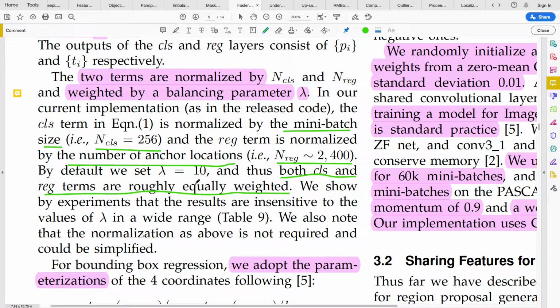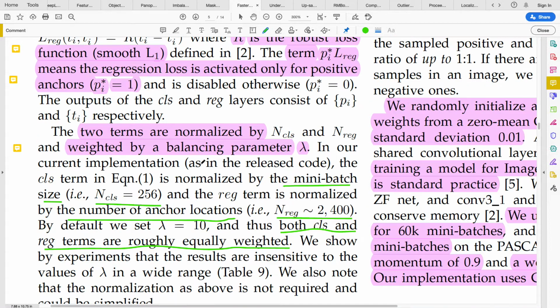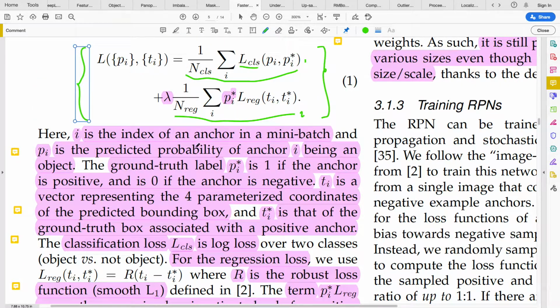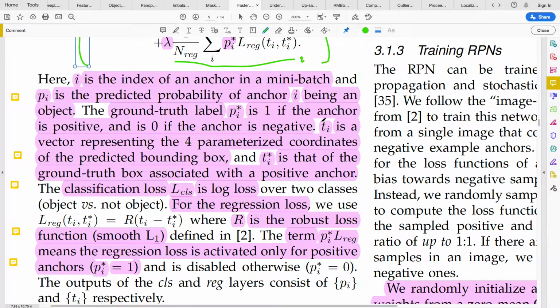You want the range of the numbers to be equally the same. So they normalize this by multiplying by 10, so that it will be in the same range as the first part. That's essentially what is happening in the loss function.